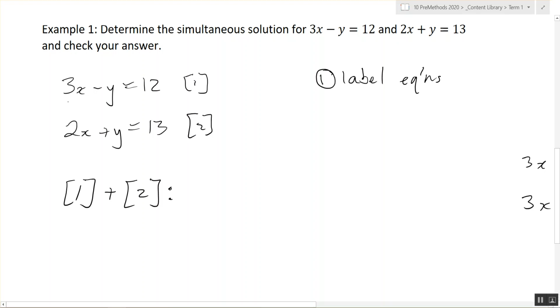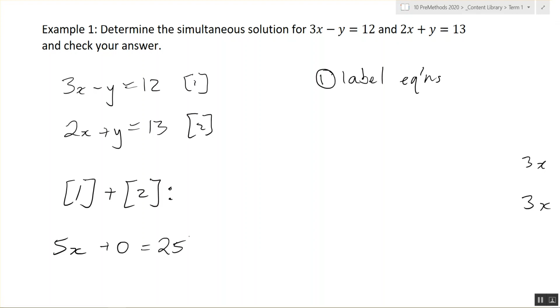Rearrange. So 3x plus 2x. Negative y plus y. 12 plus 13. Does it make sense?